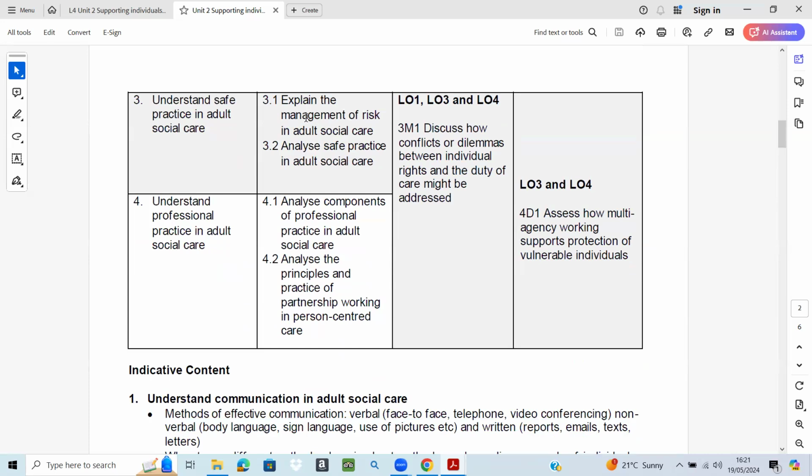Then we have to discuss 3.1 and 3.2. Then we will go for the merit criteria, because all these are related to activity 3. We'll go in a sequence, and then we'll go for the fourth activity, that is 4.1 and 4.2. Then we will go for the 4D1 distinction criteria.